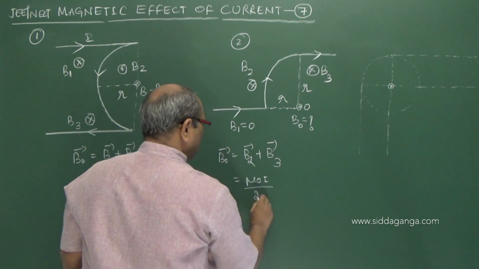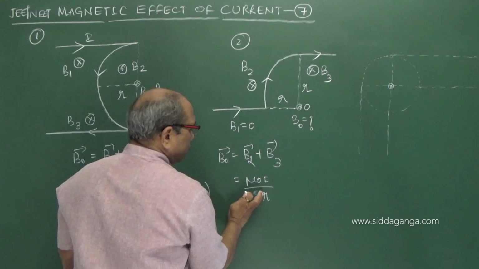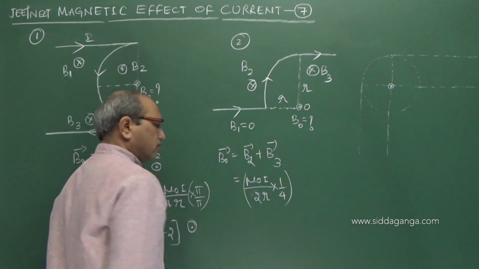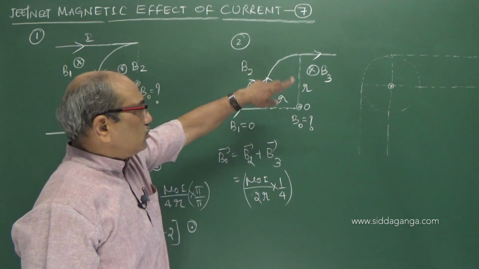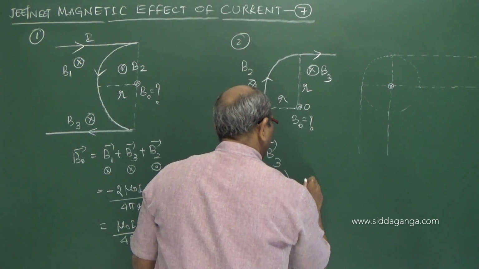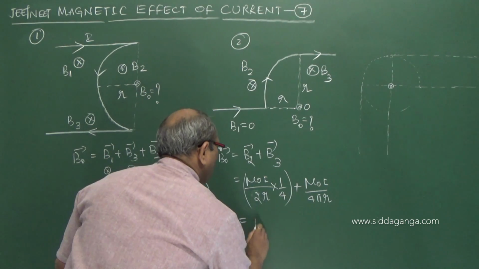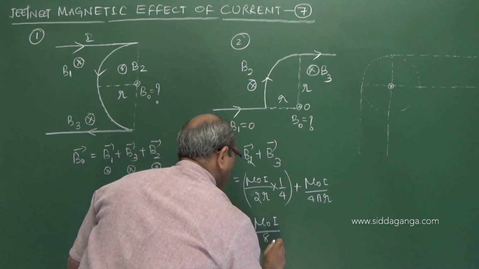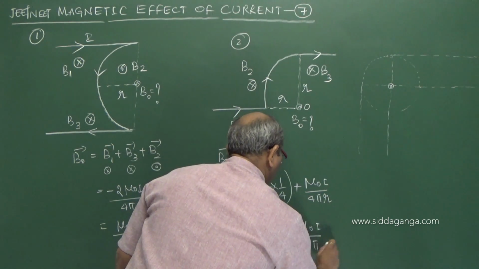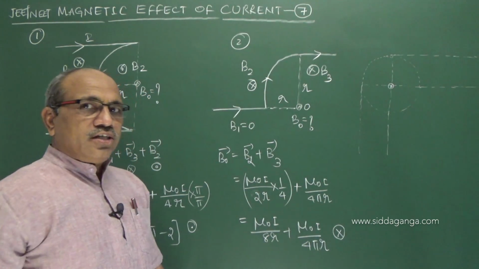B2 is mu naught I by 2R for the full circle; it is a quarter circle, so mu naught I by 2R into 1/4, plus the half straight line, mu naught I by 4 pi R, or mu naught I by 8R plus mu naught I by 4 pi R. We can simplify as appears in the options in the question paper.